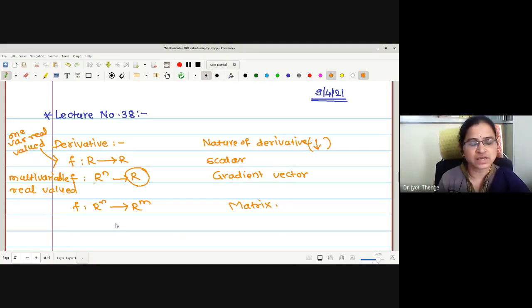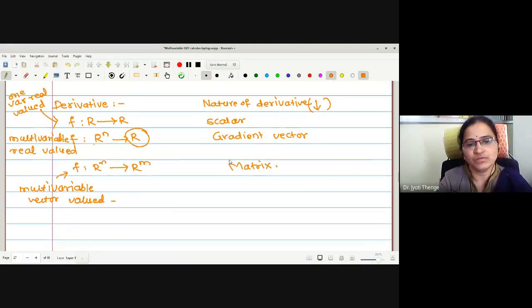And the last type is of the form Rn to Rm. Therefore, this is a multivariable vector value function.